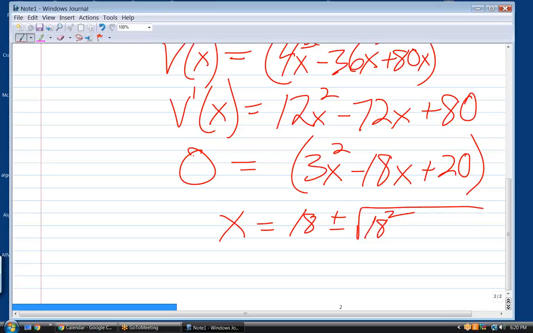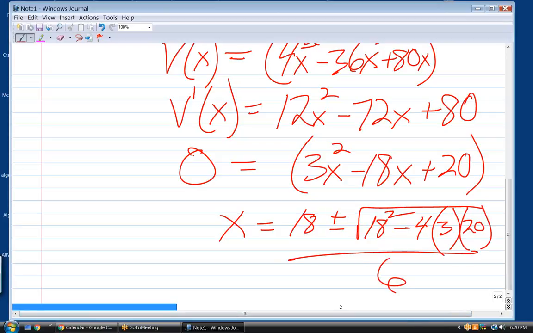Oh, I see what happened here. I made up these numbers for my piece of cardboard, and that's why nothing's coming out smooth. But that's okay. 4 times A, which is 3, times C, which is 20, all over 6. Okay?